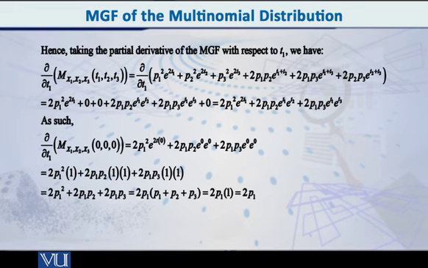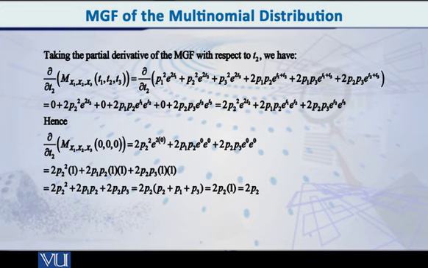But students, for a trinomial experiment, don't you know that p1 plus p2 plus p3 will be equal to 1, because the sum of the probabilities is always 1? So in its place we just write 1, and then what do we have? 2p1 into 1, that is 2p1.